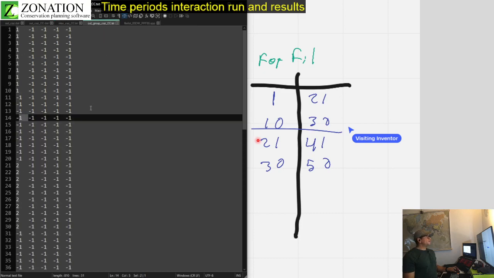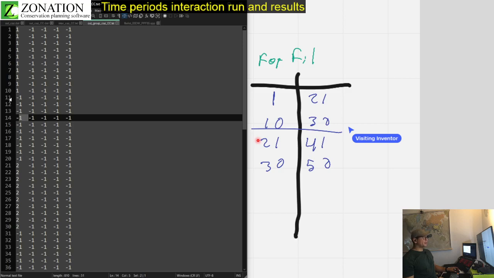Now the grouping file, basically what we're going to do is define which is my group number 1, my group number 2, and my group number 3 that I need to consider for the interactions, and which ones I need to omit. So this is the first group that you need to consider.